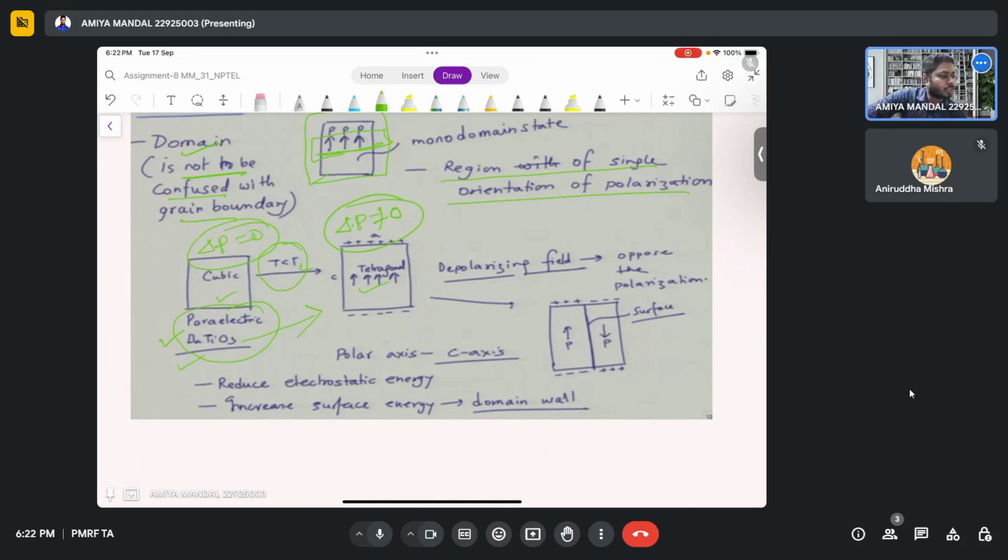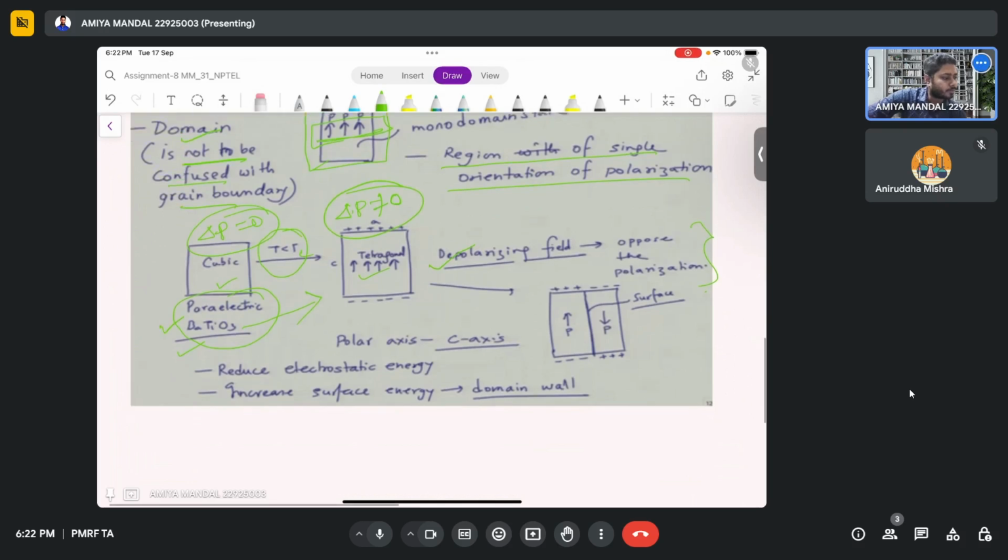So here mainly the depolarizing field opposes the polarization. If the depolarizing field occurs, then in this direction polarization occurs, and in the opposite direction polarization occurs due to different orientation of charges. In the middle of the region, a barrier is formed.